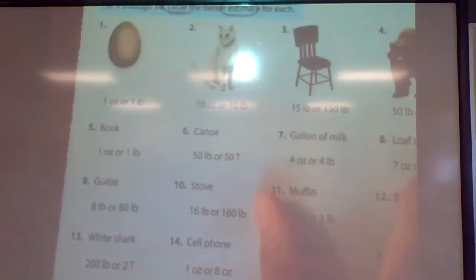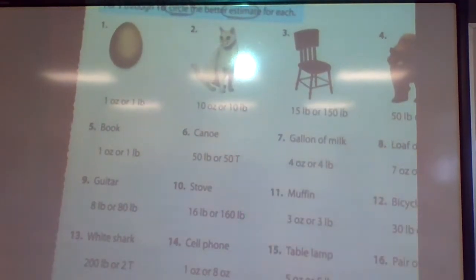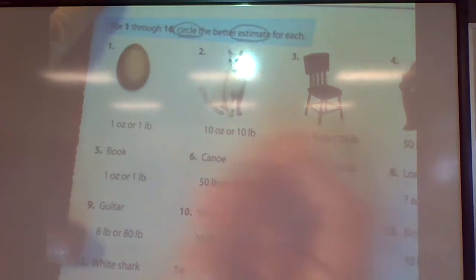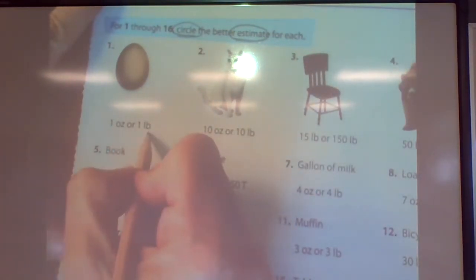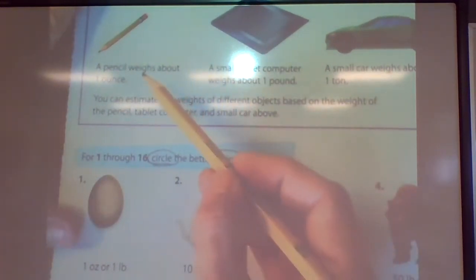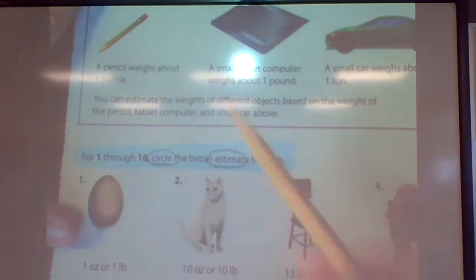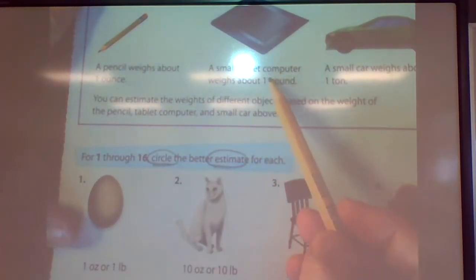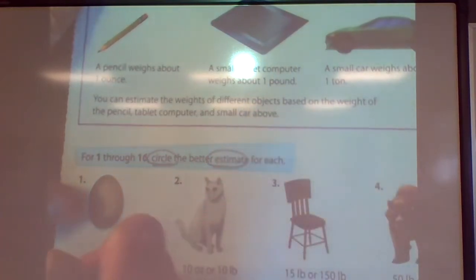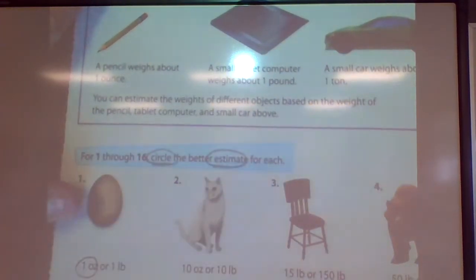So we're looking at an egg here. Is an egg going to be about 1 ounce or 1 pound? Use your examples up here. Is this egg going to be about the weight of one of the pencils or about the weight of one of these tablets? We don't think it's going to weigh this much. An egg is probably going to weigh about 1 ounce.